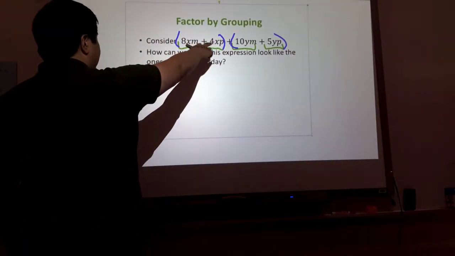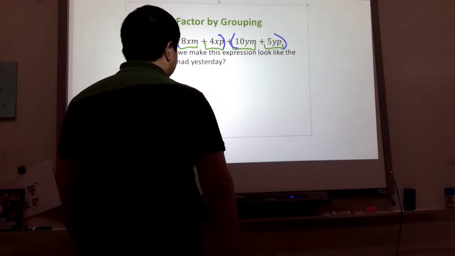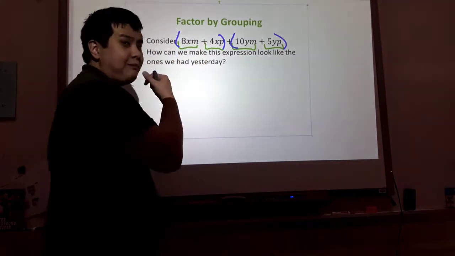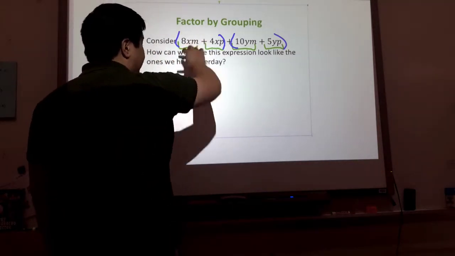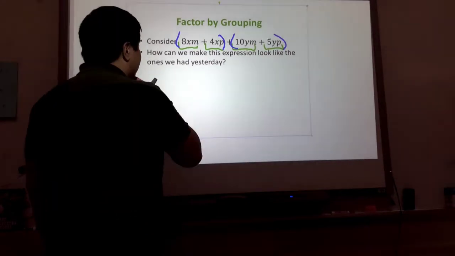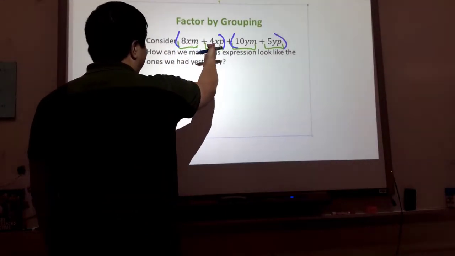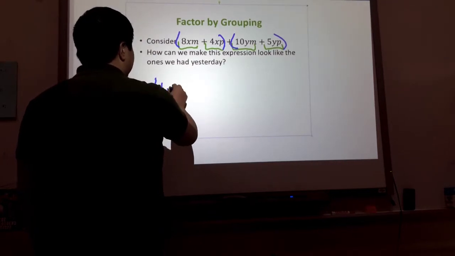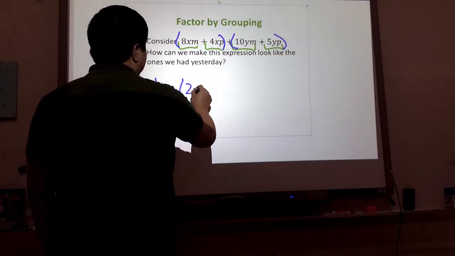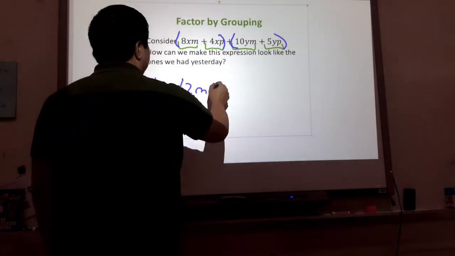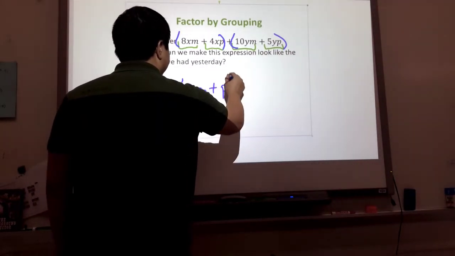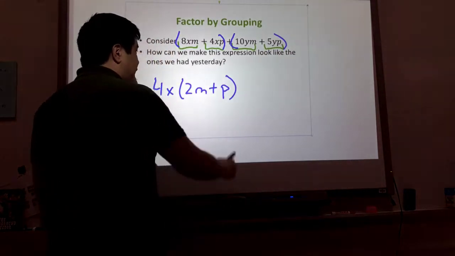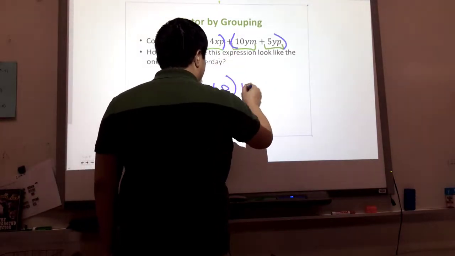So we group these first 2 terms, and then we factor out from that binomial that we've created any common factors. Well, here, 8xm and 4xp, we can factor out a 4 and we can factor out an x, and that gets us to m plus p. When we take a look at this other binomial, we keep the addition sign in between them.